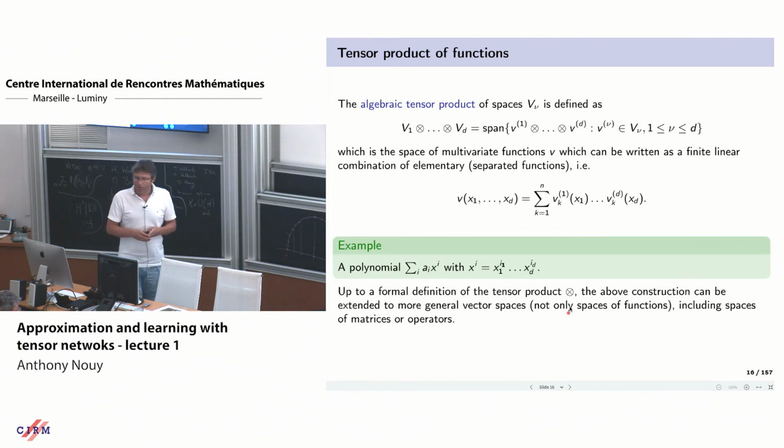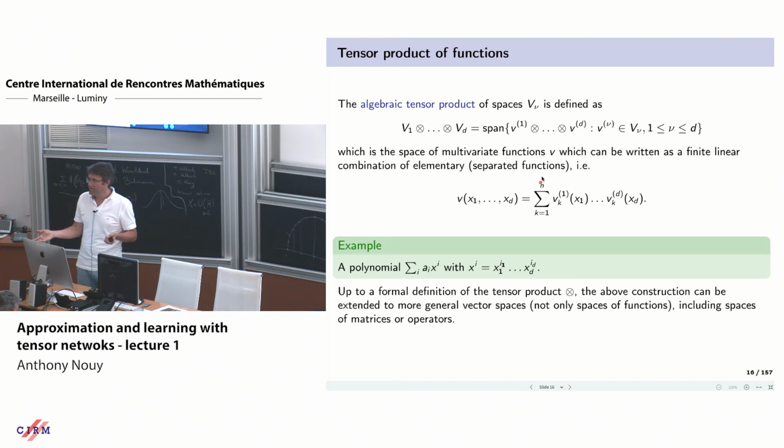Well, now, in this more general setting, I can define again the algebraic tensor product of the spaces V_nu as the linear span of elementary tensors. All possible linear combinations of these objects that are products of univariate functions. So this is the space of all functions that you can write under this form with an arbitrary integer n, but the sum is finite.